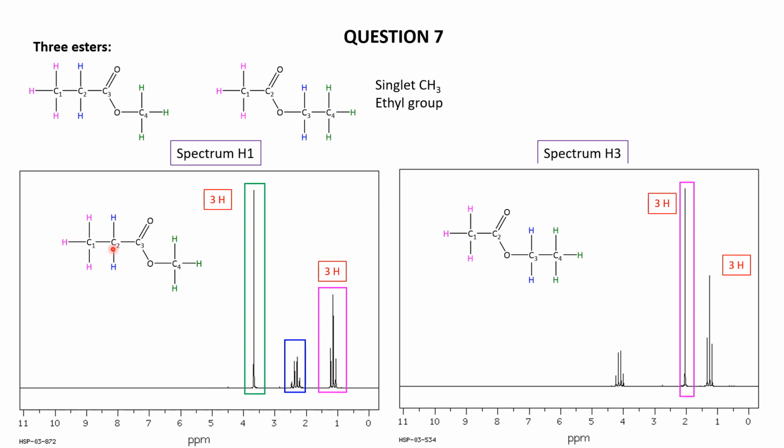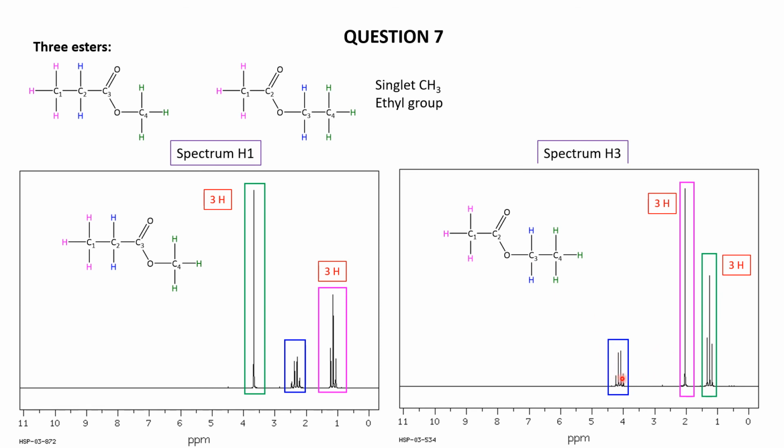And notice that 2 hydrogen quartet is bonded to the carbon of an ester group, and so it's happening at about 2.3, comparable to where we saw the methyl group here that was bonded to the ester group. And now going over to H3, again we've got the ethyl group. We have the 3 hydrogen triplet there, the green ones, but then the 2 hydrogen quartet, nice and far downfield.